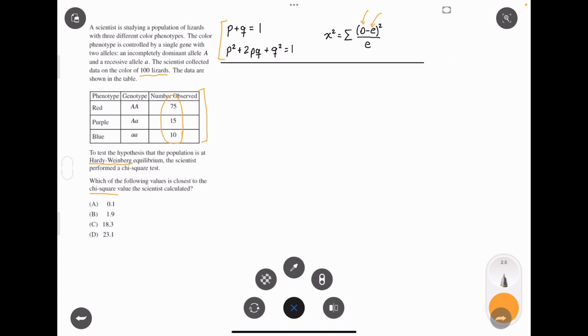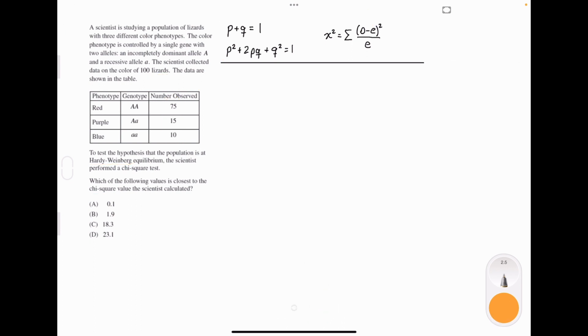So the first thing we need to do here is solve for our P and our Q values using the Hardy-Weinberg equilibrium equation. Now, what do those variables mean? If you remember, P is going to be equal to the frequency of your dominant allele. Q will be your frequency of your recessive allele.